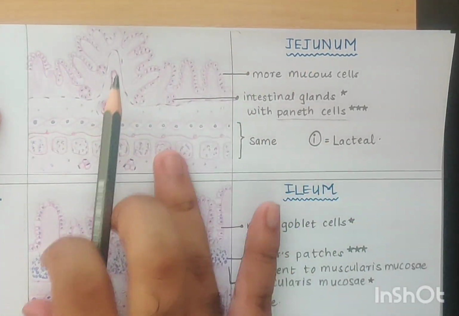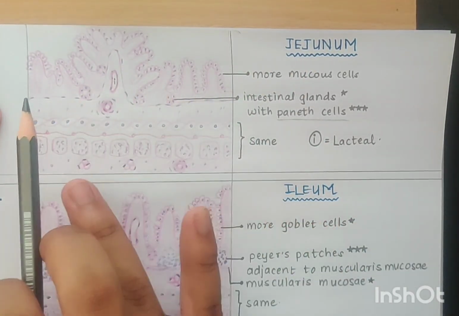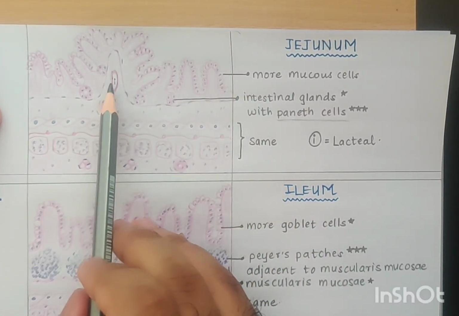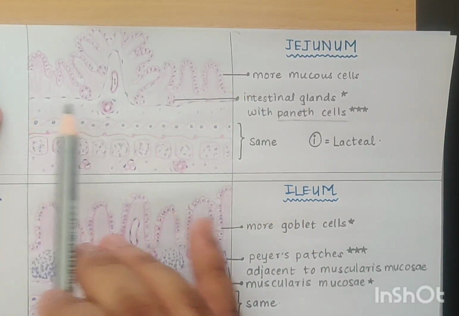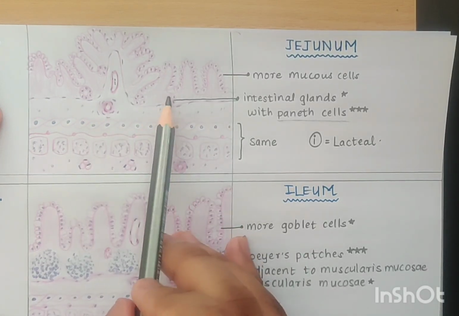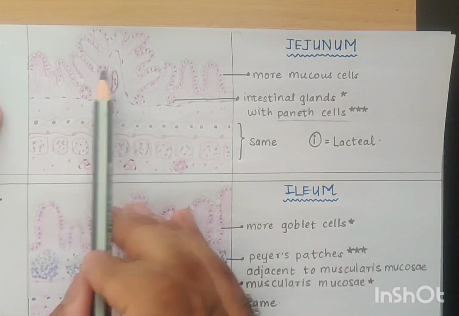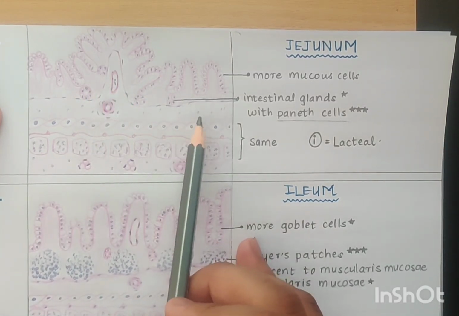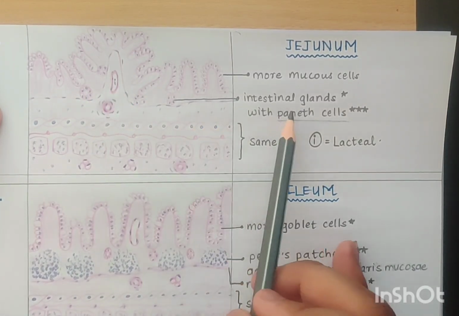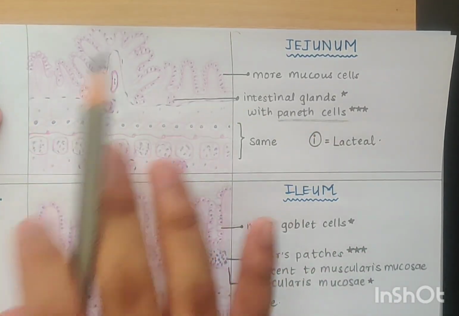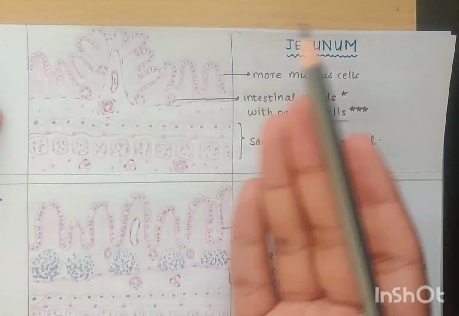These are the basic general features similar to the duodenum, but the differentiating feature is that instead of a submucosal gland, Brunner's gland, we'll have mucosal intestinal glands or mucosal jejunal glands, which will consist of pyramidal cells which are called Paneth cells. So this is the differentiating feature.